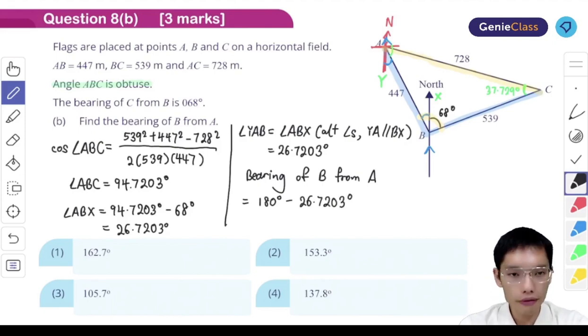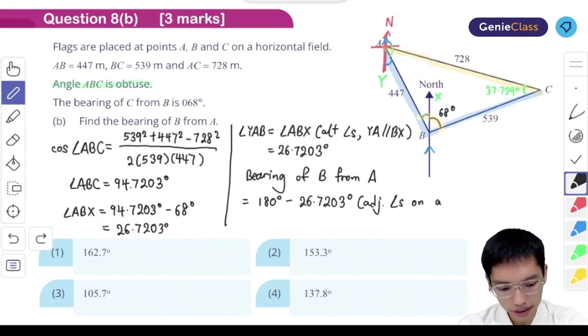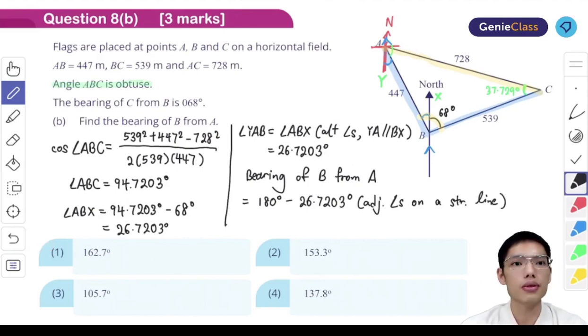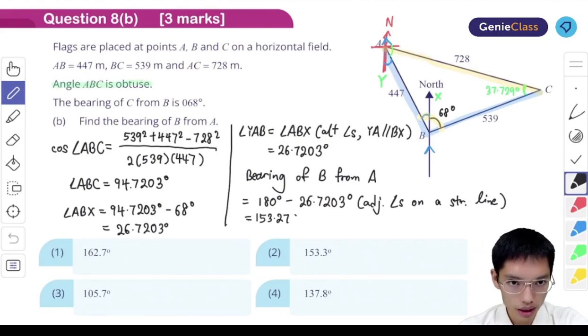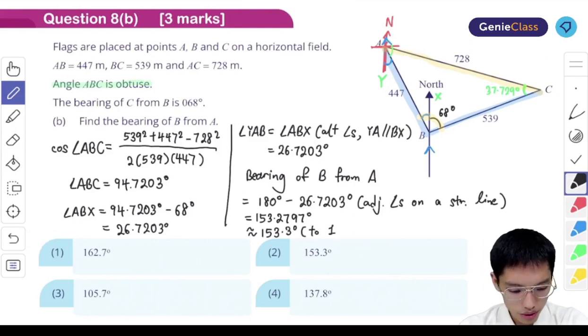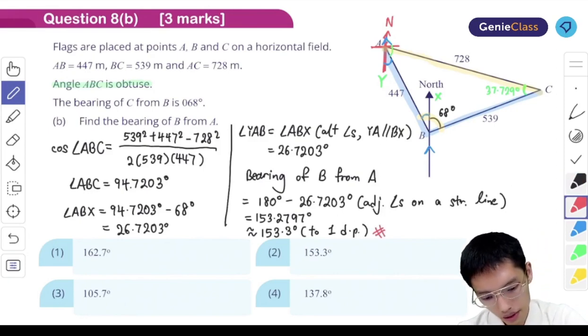When we use concepts from there, you have to state the reason. Again, quite lengthy, but if you want to get the marks, you have to state the reason. This brings down to 153.2797. Bring it down to 1 dp, 153.3. Take note, don't leave it as 153. The question never says to 2 significant figures for the answer, so you have to leave it as 153.3 over here.